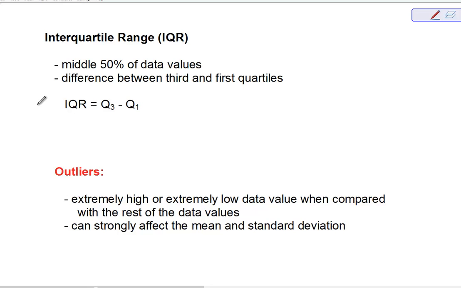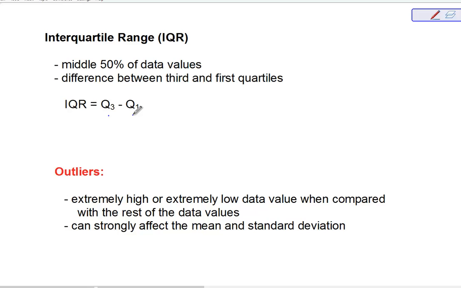It includes everything from Q1 to Q3. It's the range from Q1 to Q3, so the interquartile range is actually Q3 minus Q1. We take that difference and get a single number.